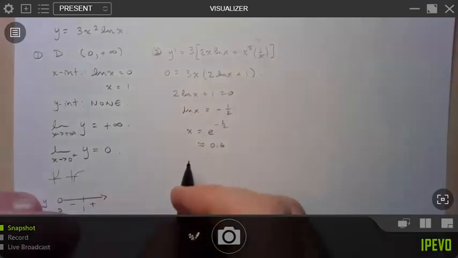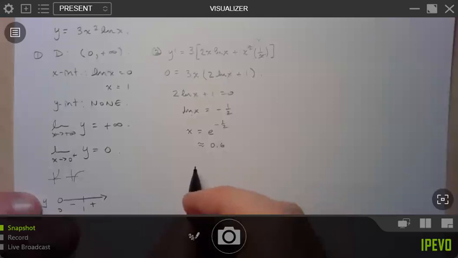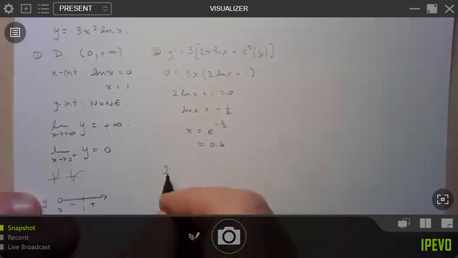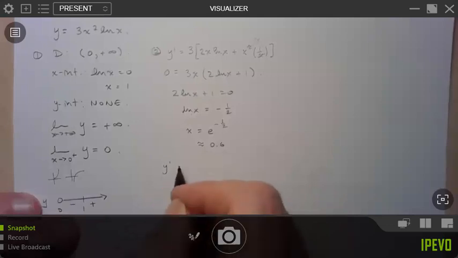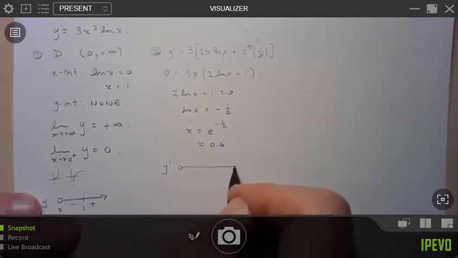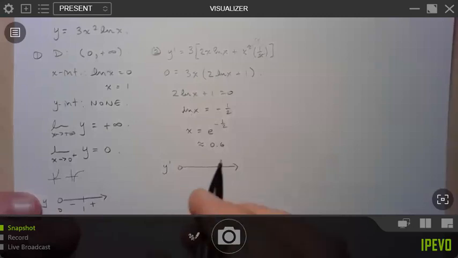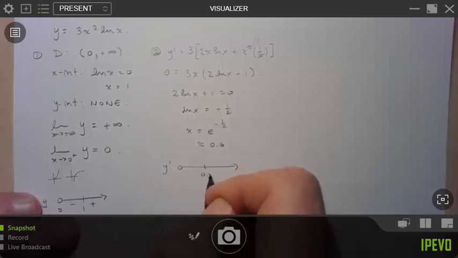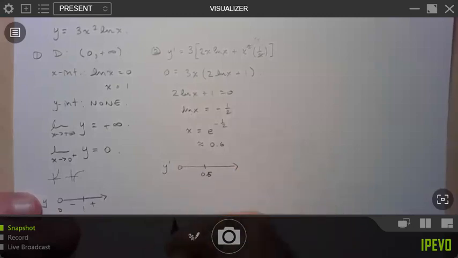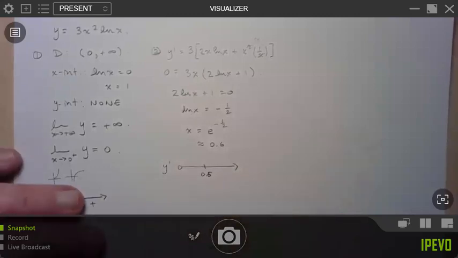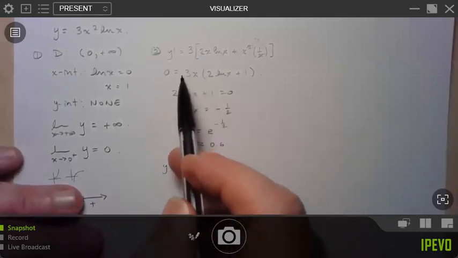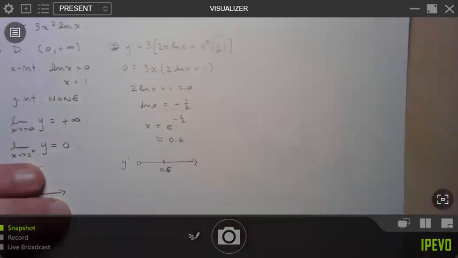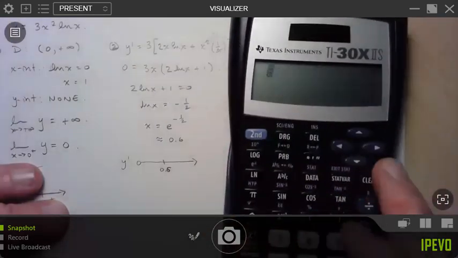And so now we just have to figure out, is this going to be max, min, or neither? So we look at f prime again. I'm going to start at 0. And so the only place I have to look at here is 0.6. Okay. So I know this first part is going to be positive. So let me just stick in 0.1.